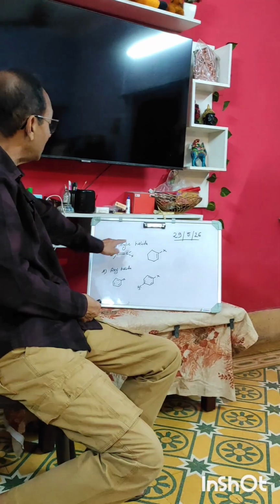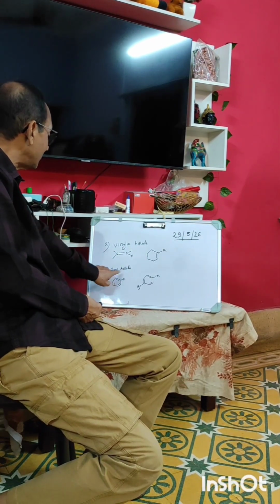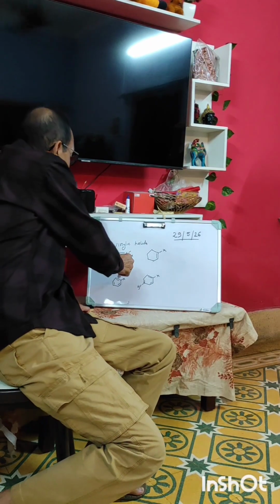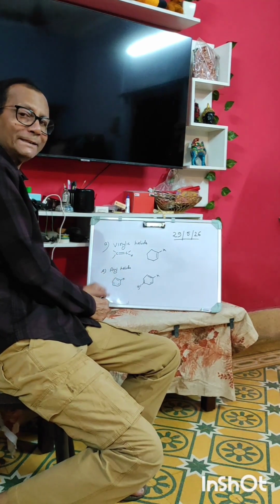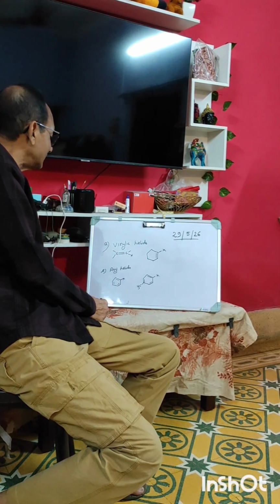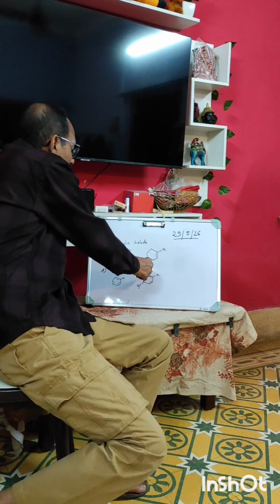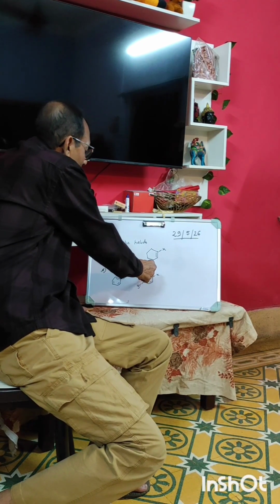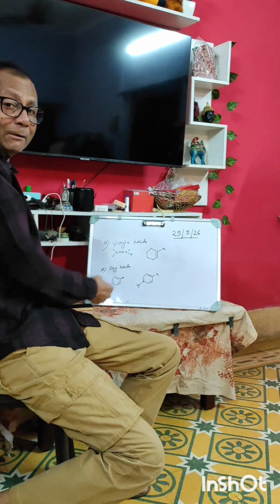These are vinylic halides. Similarly, aryl halides: this is a benzene ring with direct replacement by X, like chlorobenzene. So these are aryl halides. These are also aryl halides because the carbon containing the halogen is attached to the double bond.